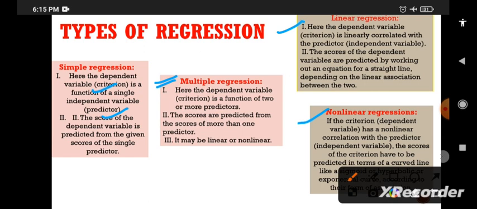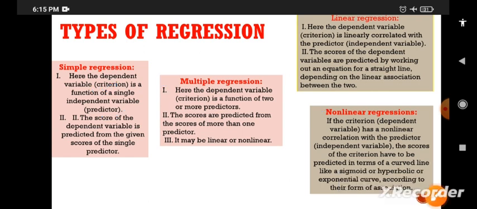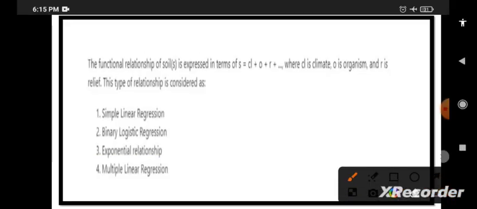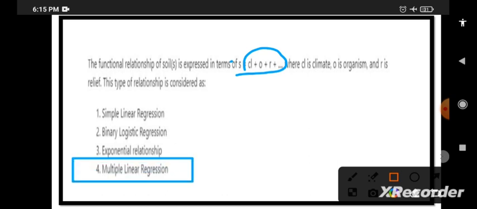In linear regression, the dependent variable is linearly correlated with the independent variable, whereas in non-linear regression, the dependent variable has a non-linear correlation with the independent variable. So here, as we see that there are different types of independent variables which are affecting the soil, which is a dependent variable. So we got our answer, which will be option 4, that is multiple linear regression.